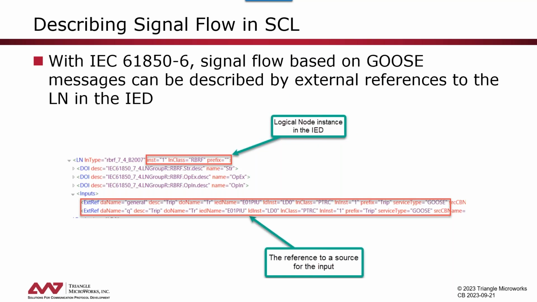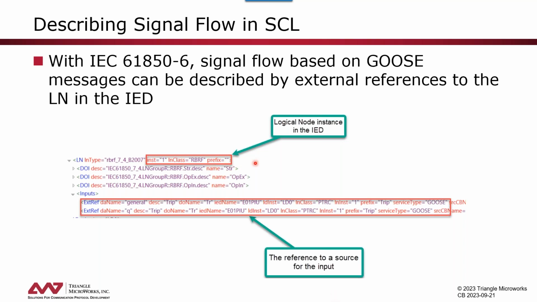Next is the signal flow. Signal flow can be described as well in SCL, and basically already with Part 6 that we have today, it is possible to document signal flow based on GOOSE messages, mainly by external references.